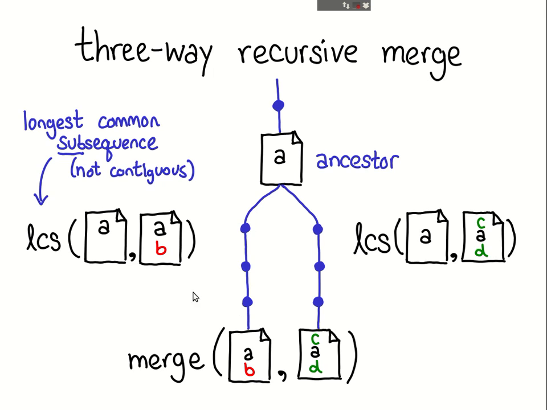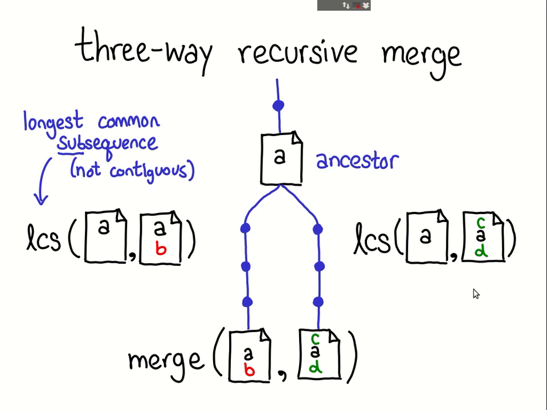So in the example of the first document, when we compare the ancestor, we see that A is contained in both documents. Since that is all that is in the ancestor document, it is by definition the longest common subsequence. And we can take this and align B so that it comes after the A in the first document. Similarly, with document 2, we once again align A with A and see that C comes before A and D comes afterwards.